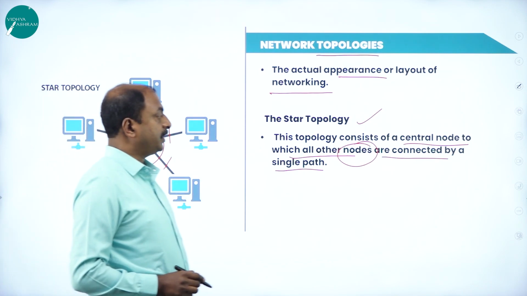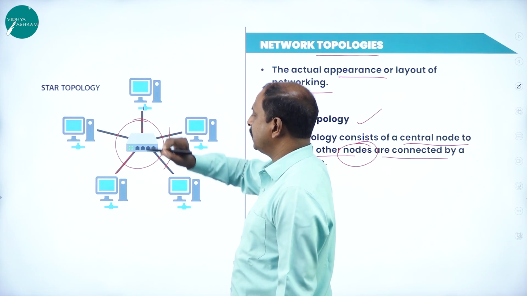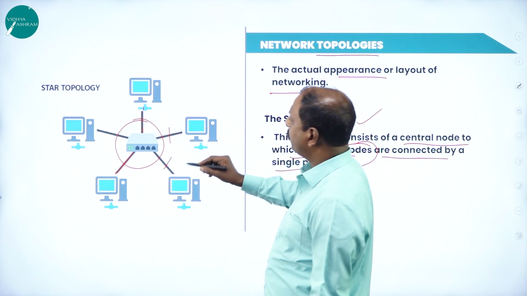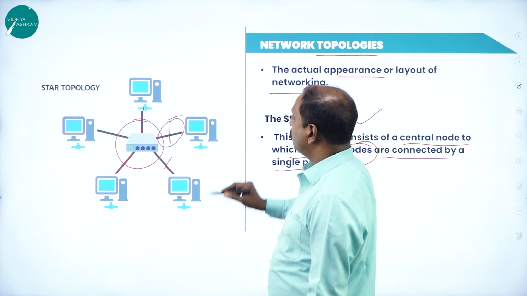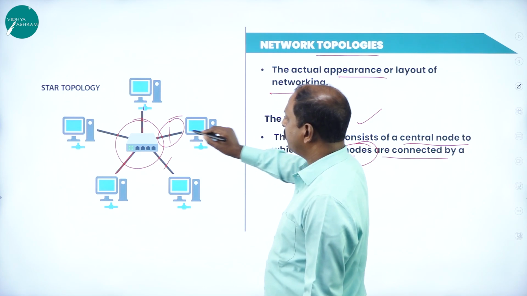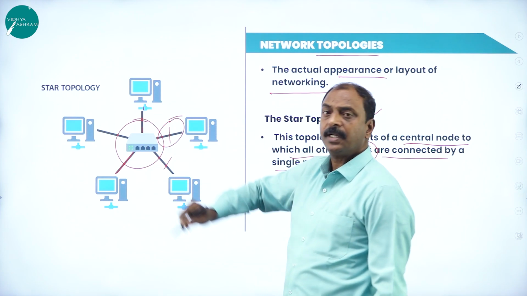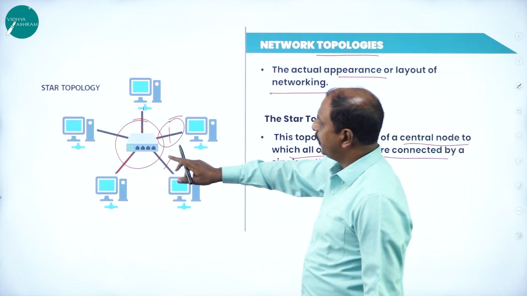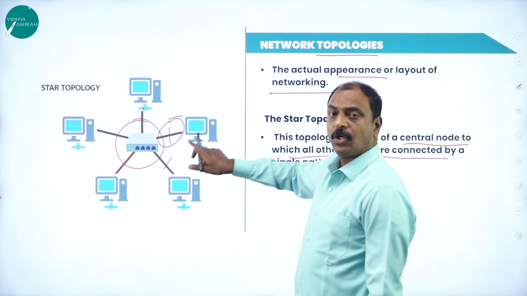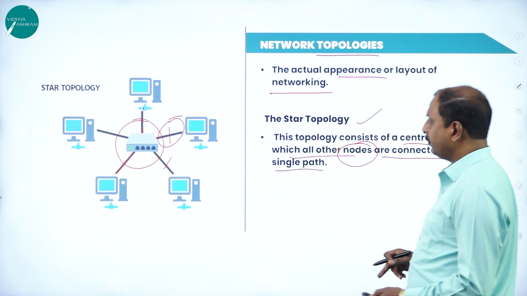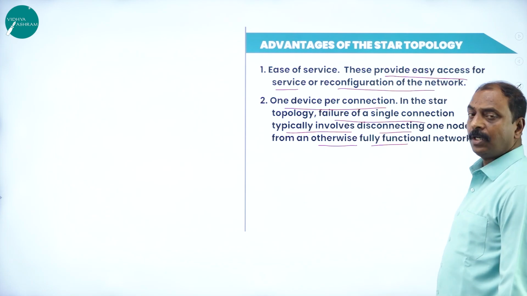If you look at this diagram, all these are individual nodes connected to a centralized device. If there is a problem with one of the paths, only that computer will be out of the network, but all the other systems will work effectively. The whole network stays on even though one of the computers is not in the network. That is the meaning of one device per connection, and that is the advantage of star topology.